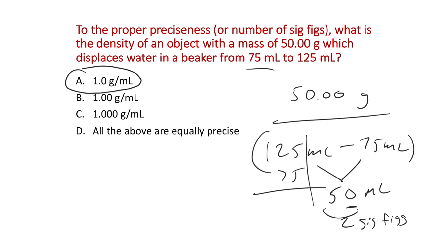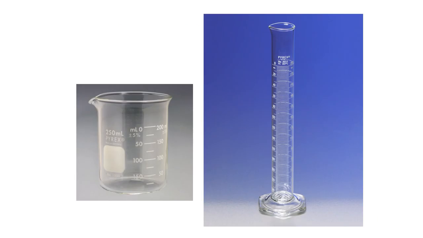What if we could determine the volume that this object is displacing more precisely? What if we use something better than a beaker, where the markings aren't very easy to make a precise volume measurement? We could maybe use a graduated cylinder, which has more precise markings than a beaker does.